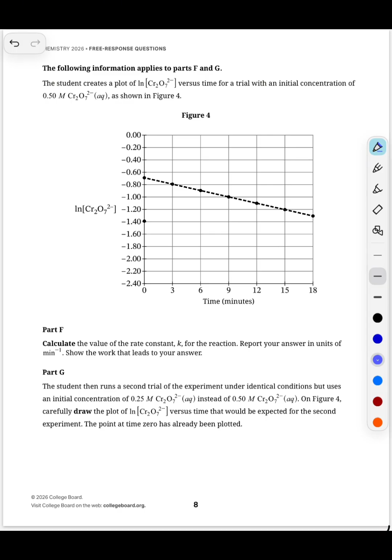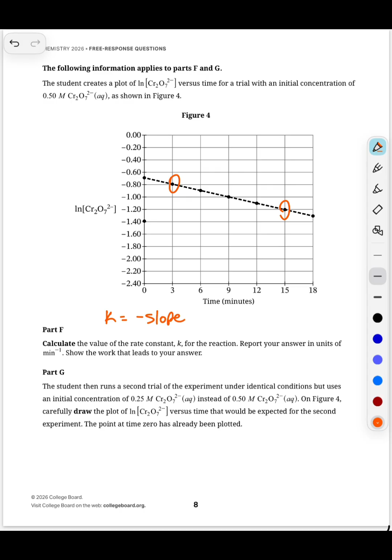So I chose a couple different data points. It's really any two data points that you want to select. I chose the ones that were kind of easy to interpret. At 3 minutes, we had negative 0.80, and at 15 minutes, we had negative 1.20. Slope is rise over run, and so K is equal to the negative slope.